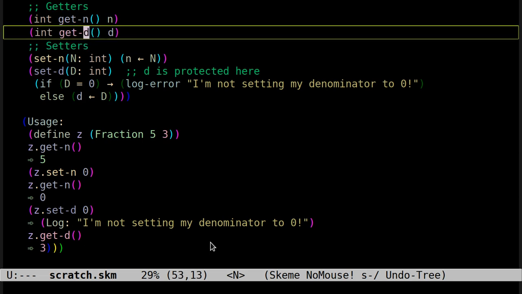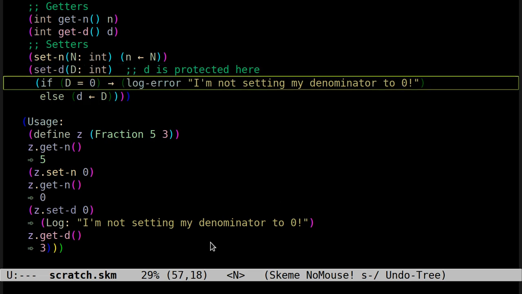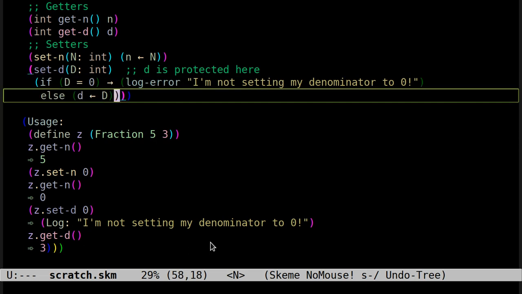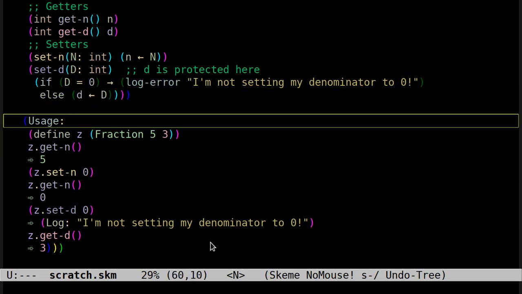So you have getters and then setters, and here in the setters again you see the protection idea in play, because again we check if the input is 0 or not. If it is 0, then log an error saying I'm not setting my denominator to 0, but otherwise it sets d to d.